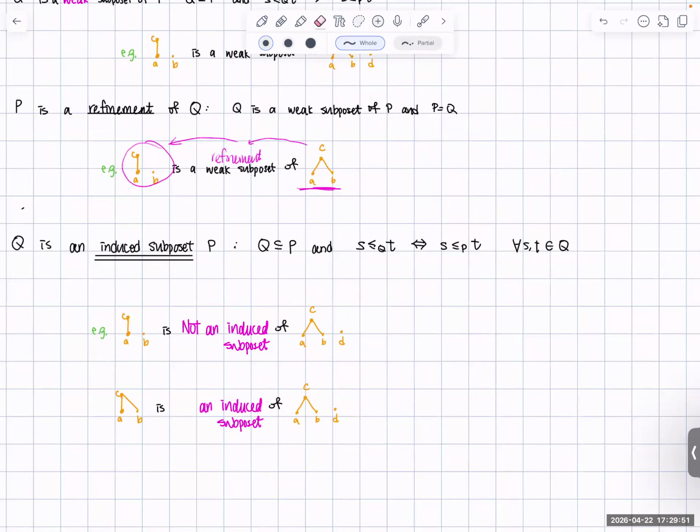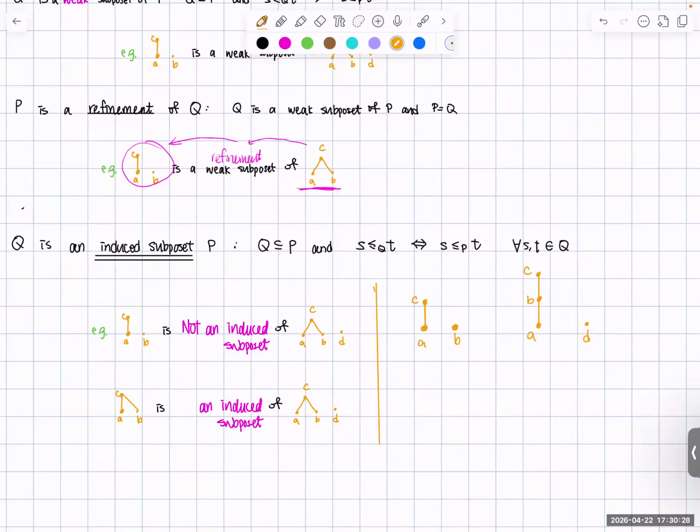But it's not always just the shape. The naming matters. For example, if I have A, B, C here, and A, B, C, and D there, is this an induced subposet? That's definitely not, because B and C should have a line.